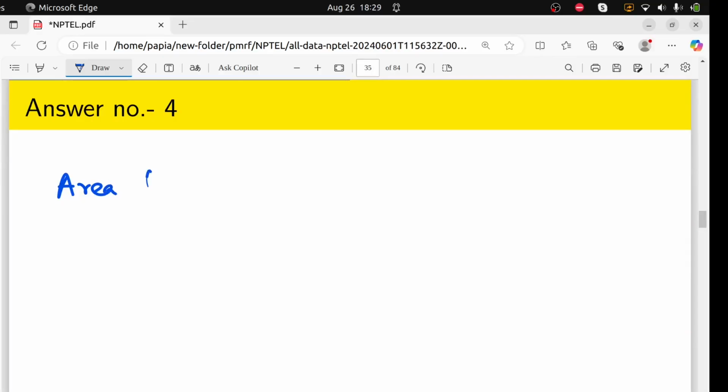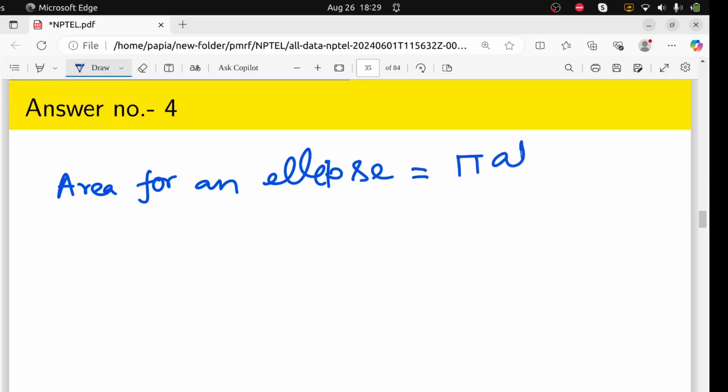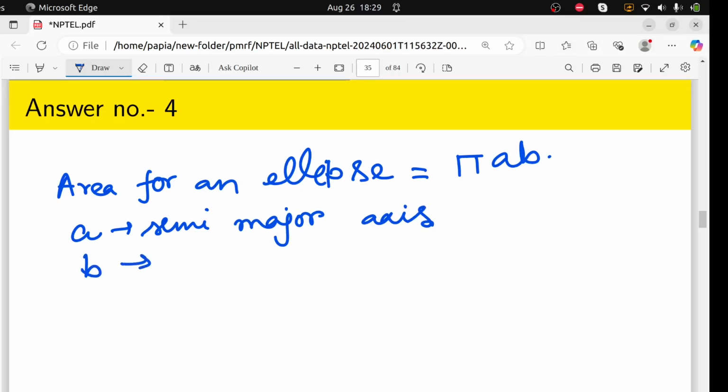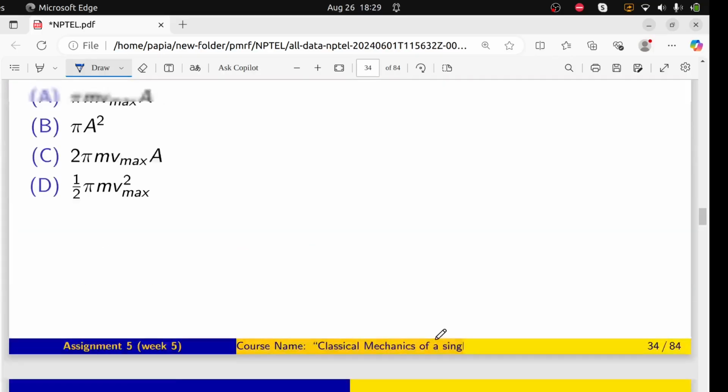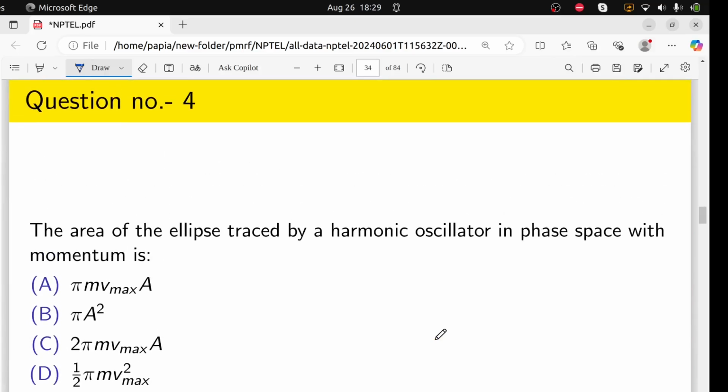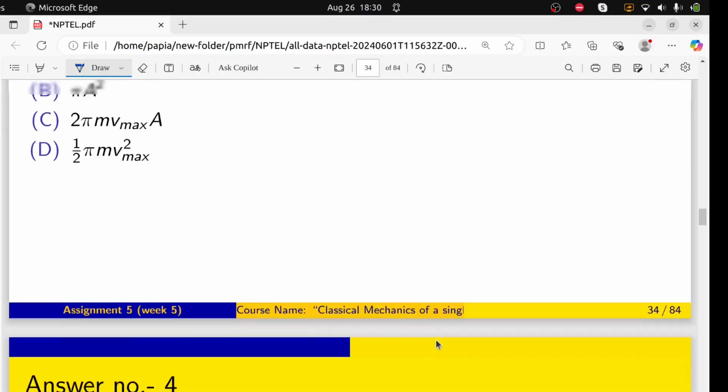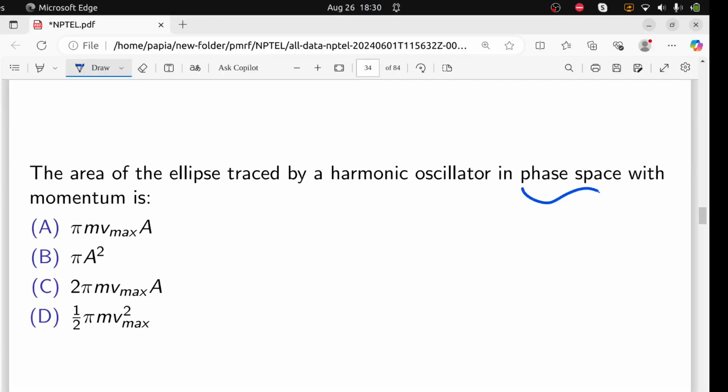The area of an ellipse is nothing but pi a b, where a is the semi-major axis and b is the semi-minor axis, right? So they are asking what will be the area of the ellipse traced by an oscillator in phase space with momentum.